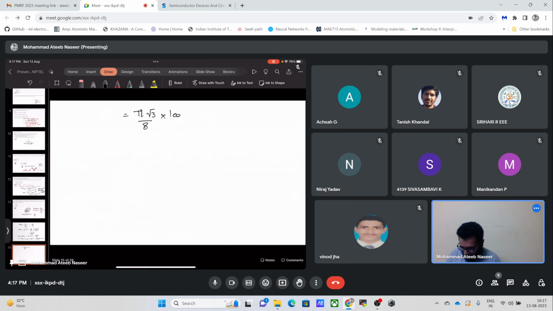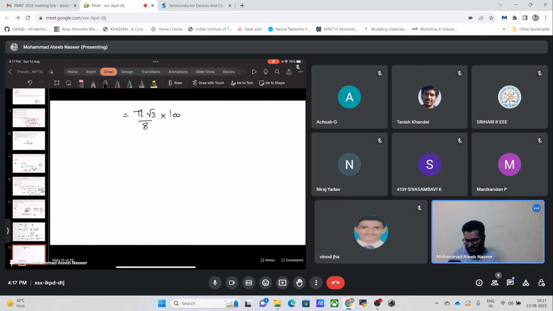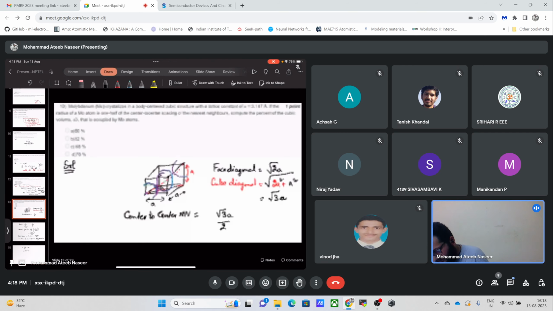It is approximately coming out to be 68.01%. So yes, the option is matching. So option C is the option that we should go with.